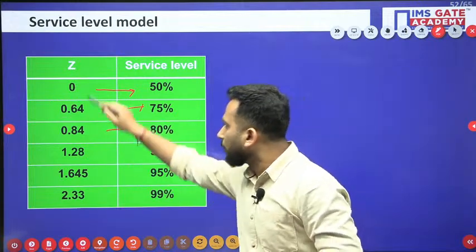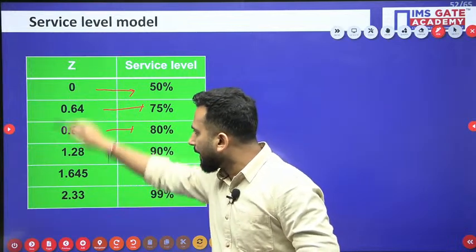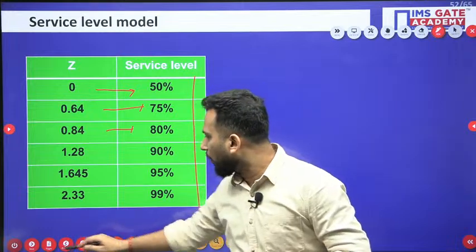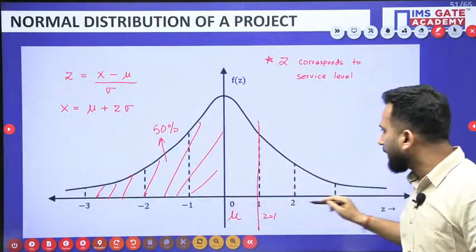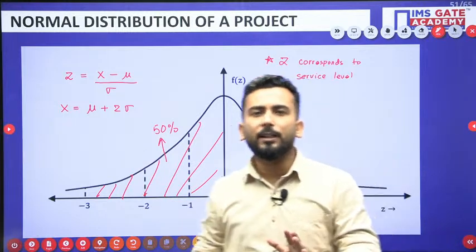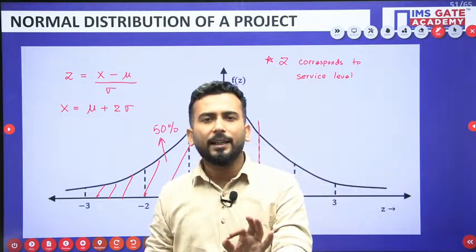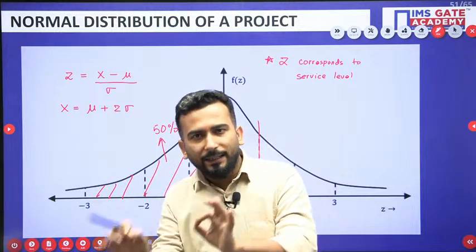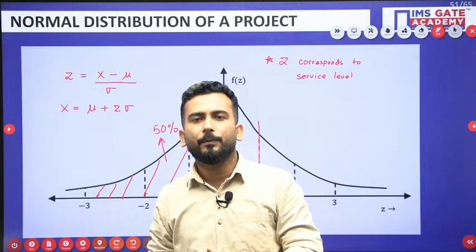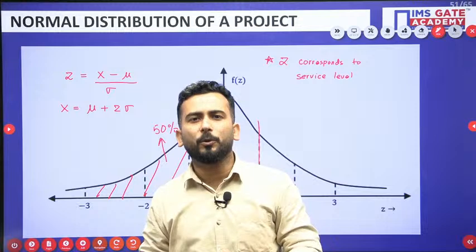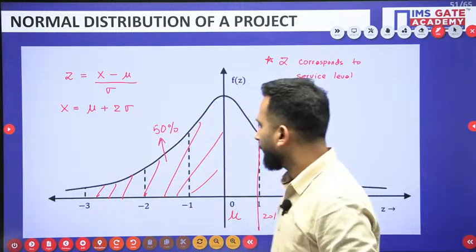So clearly you can see that when the z value is increasing, the service level is increasing. Why? Because when the z value is increasing, the area left side of it is increasing and I am providing more service. That's it. If you are able to understand this relation between z value, area under the curve and service level, then your problem is solved, and you will face no problem.